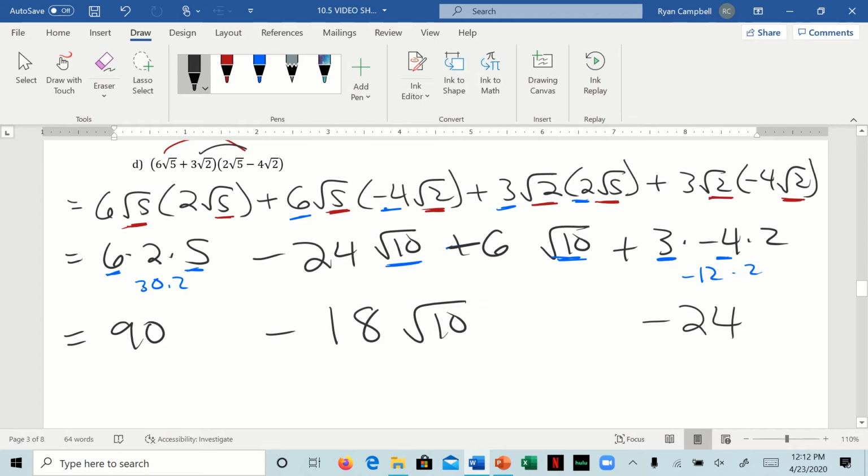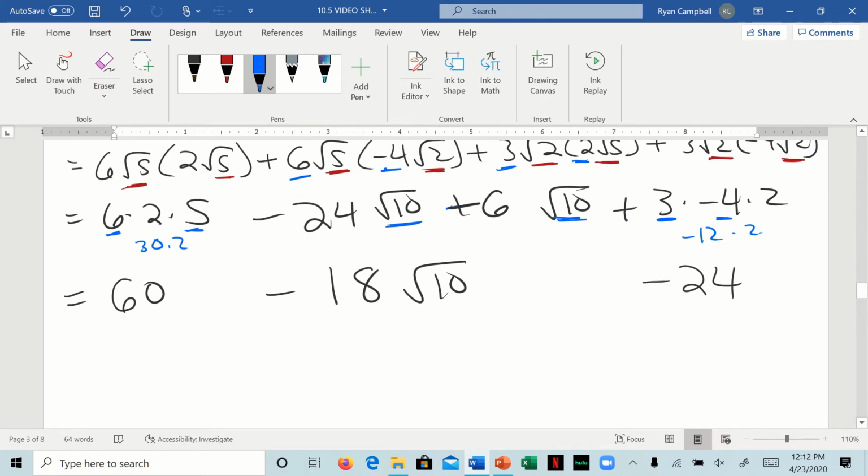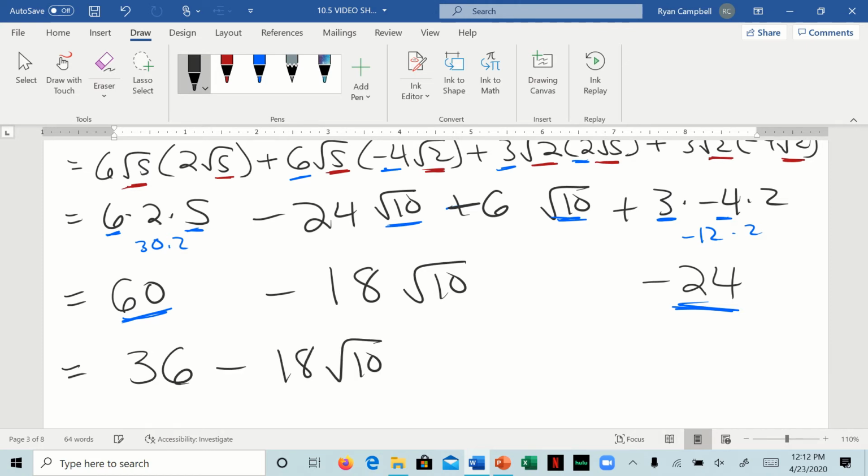Sorry, I'm sure you already saw this, but 30 times 2 is not 90, it's 60. So there we go. All right, so we can combine the coefficients to get 36 minus 18 square root of 10.